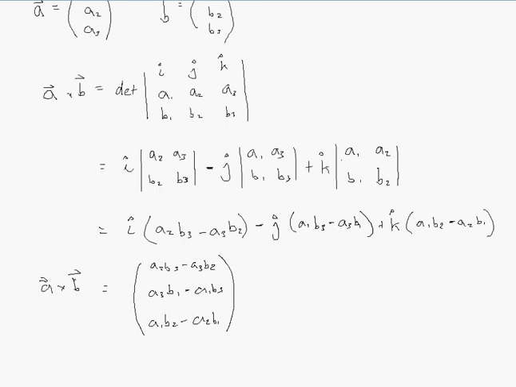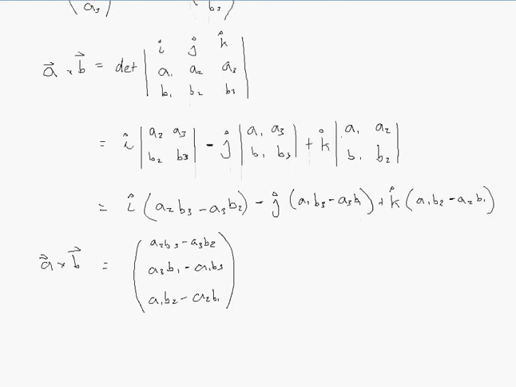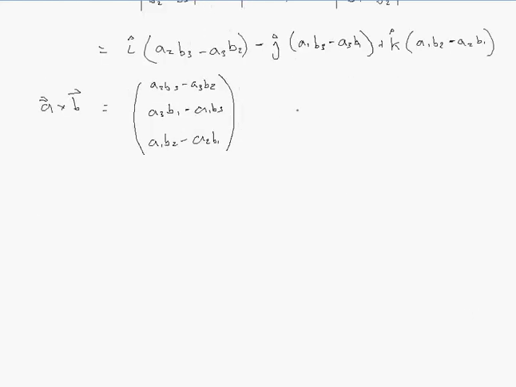Notice that your answer is not a scalar, it's another vector. And the beauty of this vector is that it was defined such that it is orthogonal to both vectors A and B. So for example, if we had two vectors A and B, let's say, I'm just going to draw them here on this two-dimensional page, vector A here and vector B here, our A cross B vector will be orthogonal to both of them.